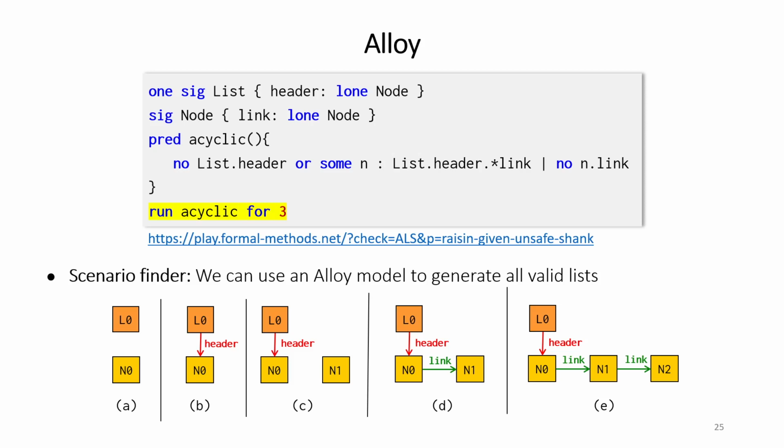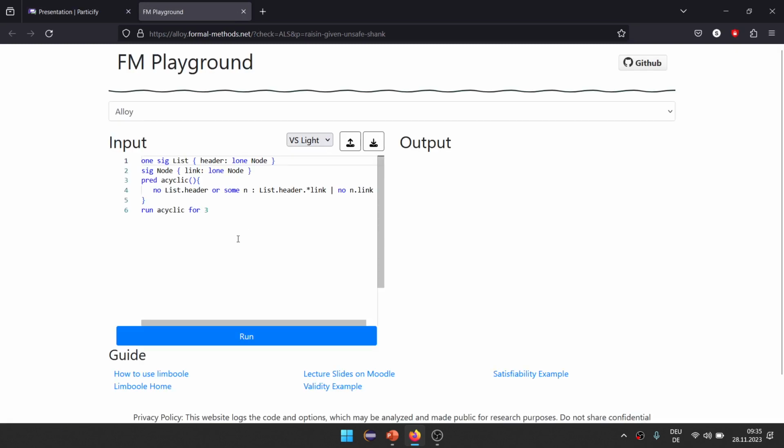And here are some scenarios if we would generate them, but of course we can also use this web interface to generate them. Here we have exactly the same specification that we used before, which had two different constraints.